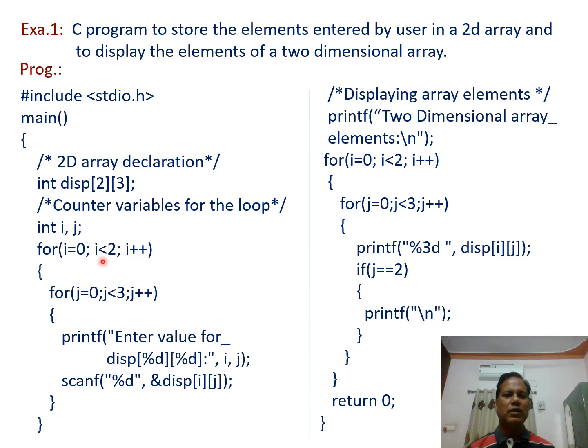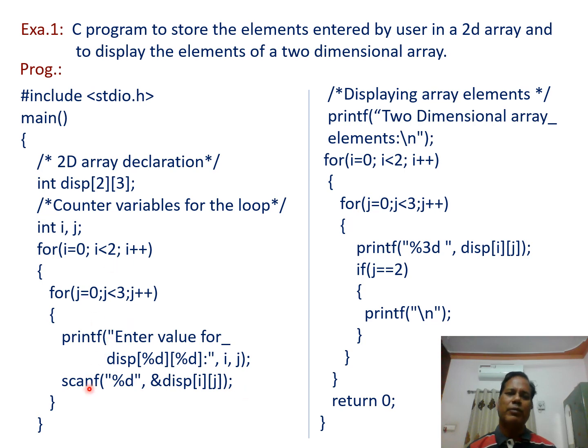So 1 less than 2, the condition is again true. Then again the body of the outer for loop is executed, and again using the inner for loop, we read 3 integer values and store them in the two-dimensional array.